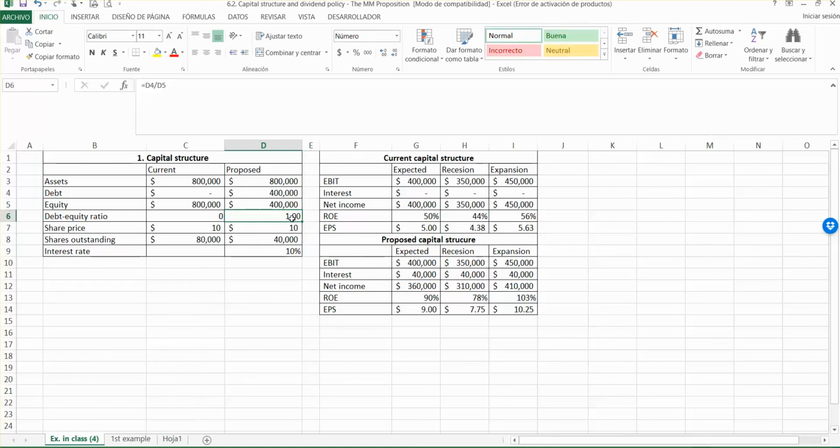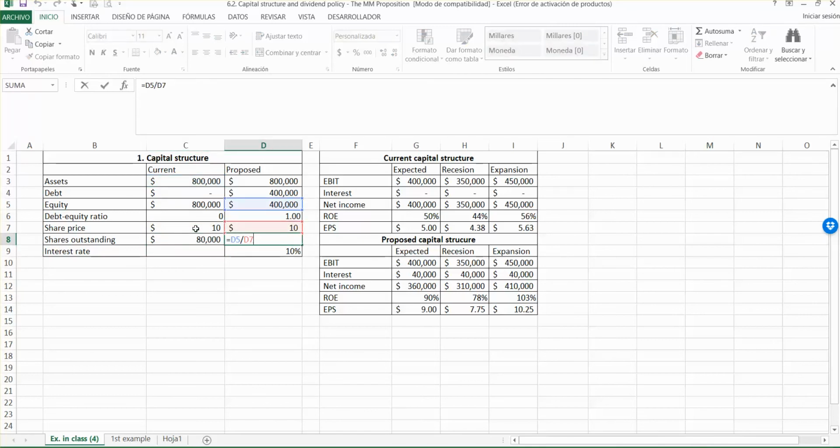The share price is just a price that we just put for this example, and the shares outstanding is the division of the assets by the share price, right? This is the shares outstanding.